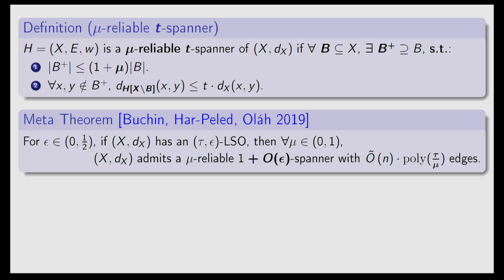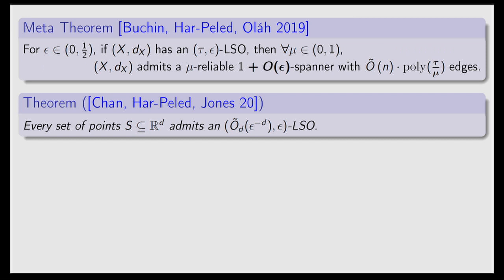And Buchin, Har-Peled, and Oláh proved a meta-theorem stating that if you have this tau epsilon LSO, then you can construct a mu reliable 1 plus epsilon spanner with number of edges being n times poly tau over mu.